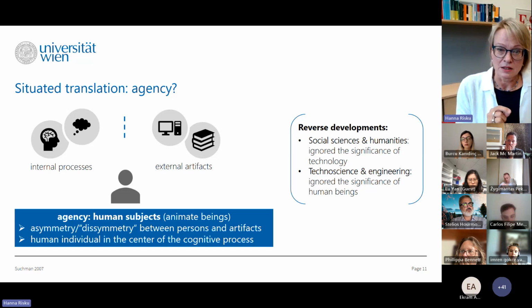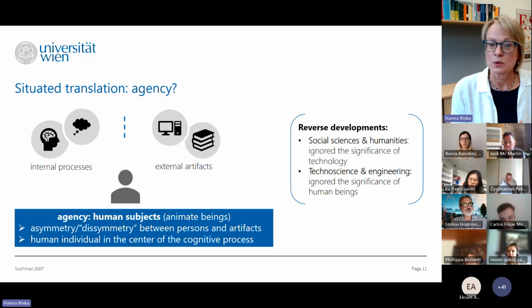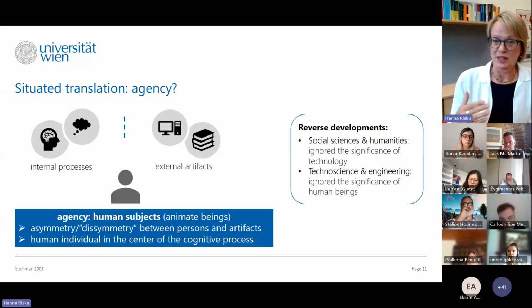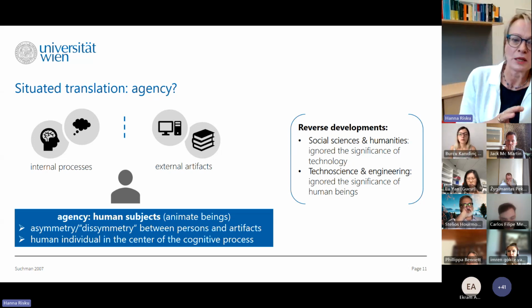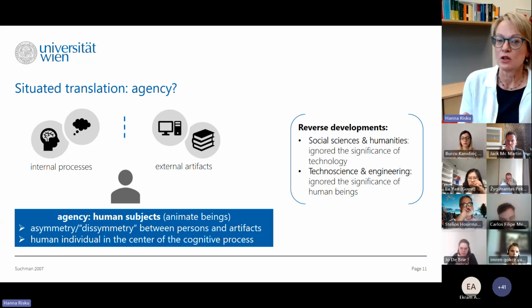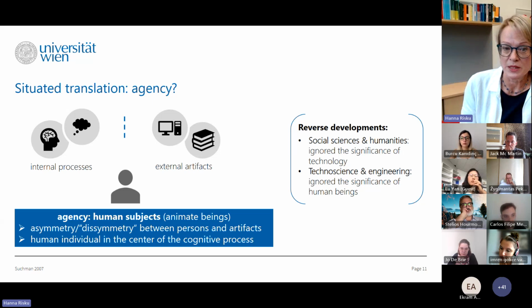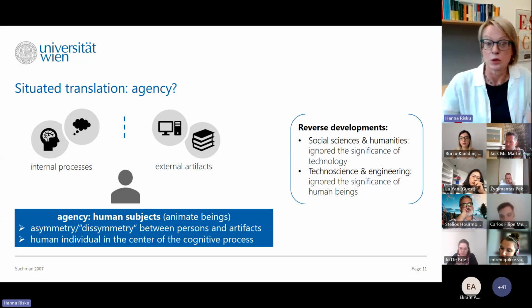And I think it's understandable because her research deals in a very critical way with the fields of technoscience and engineering, where, of course, technology used to be in the center and any human and social aspects were always in the margins. So in contrast to that, she puts the human individual in the center of the cognitive process, and she stresses the differences between humans and non-humans, and she only grants agency to human beings.